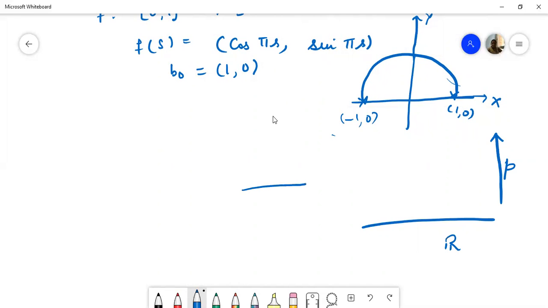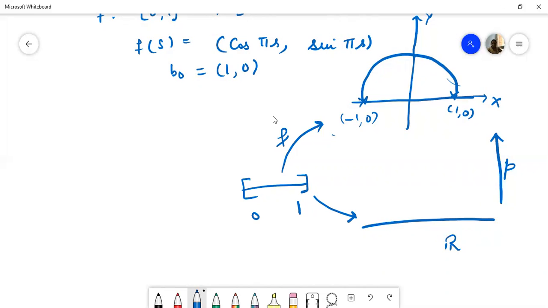Now let us say this is our closed interval [0, 1]. This is our mapping F, which is our path from [0, 1] to S1, which maps along the upper half semicircle. So now we need a mapping from the closed interval [0, 1] to the real line, which makes this triangle commutative.